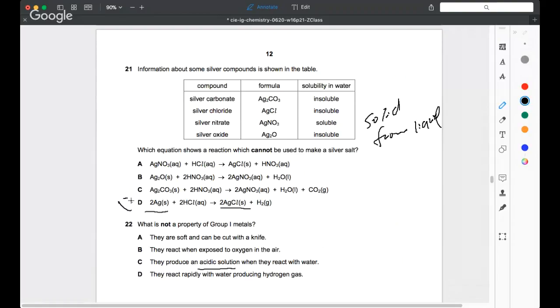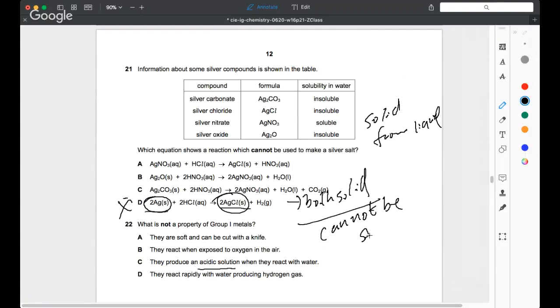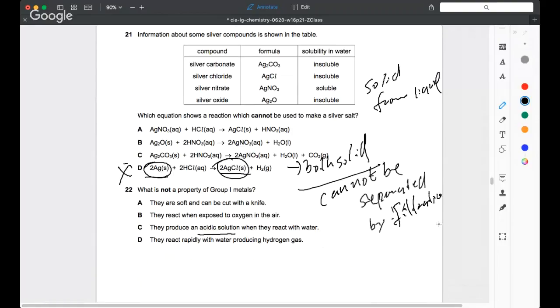So D is wrong because the reactant and product are both solid, so they cannot be separated by filtration. Okay, let's do the next question.